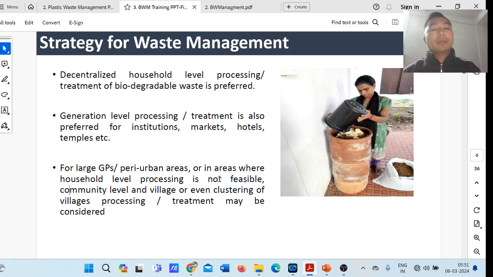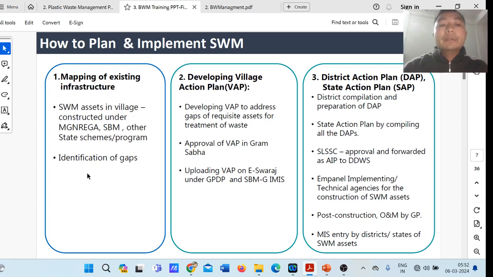But if the population is very large, then the Gram Panchayat or the wards can have a proper waste management committee, and they can do a village-level treatment plan where they employ some people to look after it, creating income generation. So in large population areas and large semi-urban areas, the individual household level is not viable.